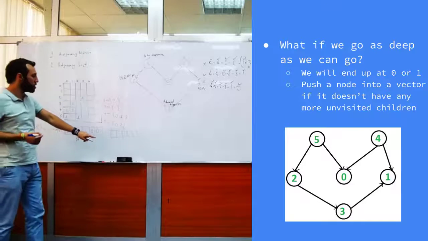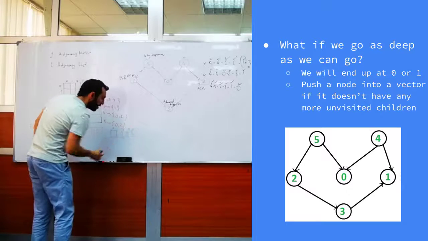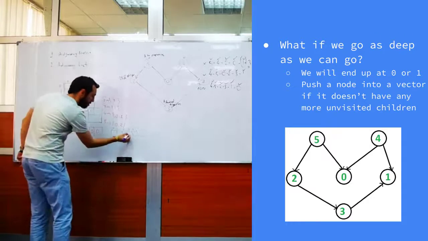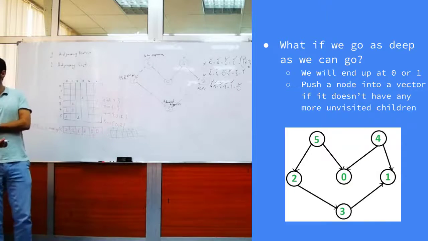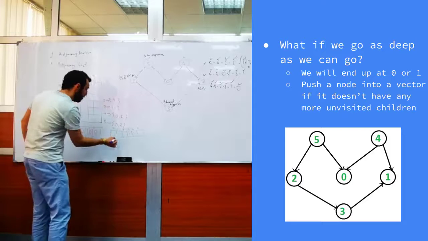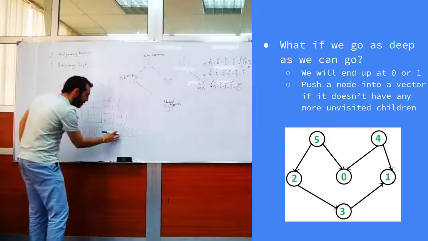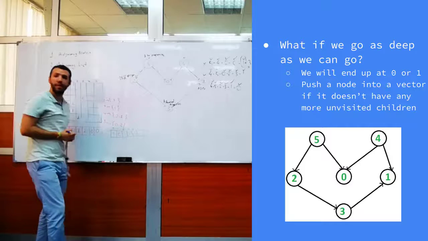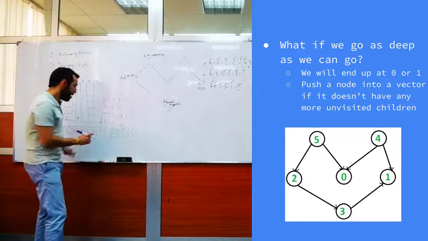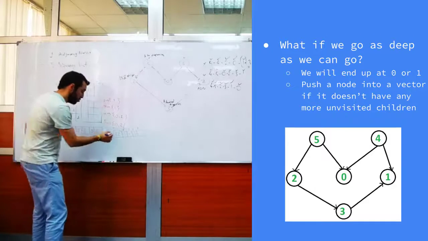I can just go to the corresponding cell and then increase it by 1. So I'm going to make this 1 because there is an incoming edge for 3. Then I process this one, the same is for 1. I process this one, the same is for 0. Now I see one more 1, I increase it by 1 and it becomes 2. One more 0, this becomes 2. And one more 2, this becomes 1.